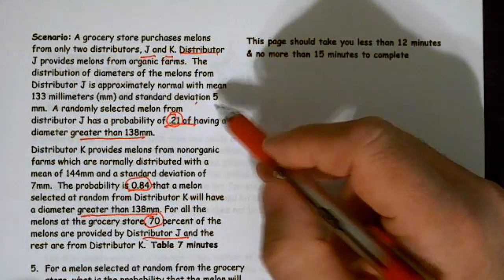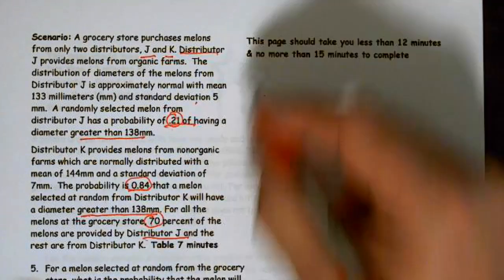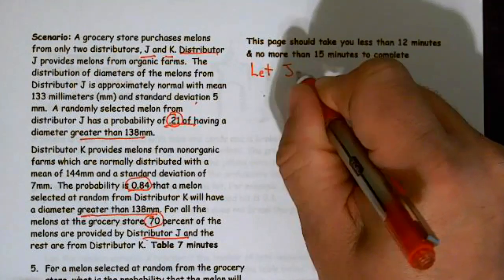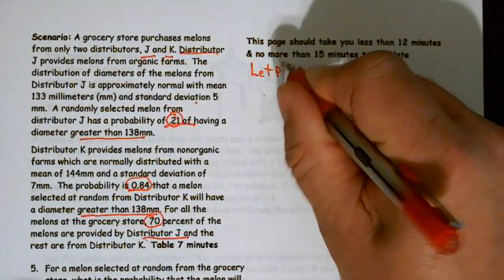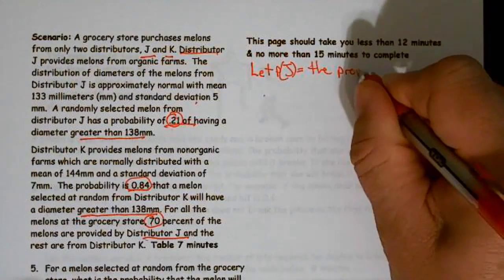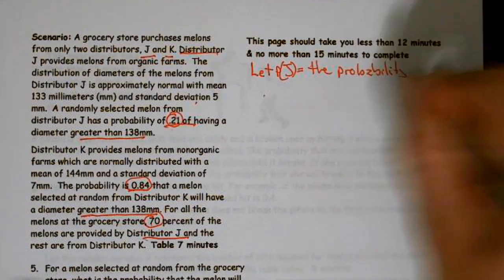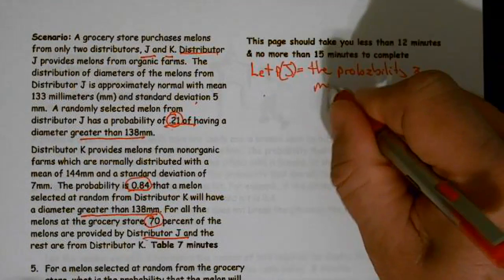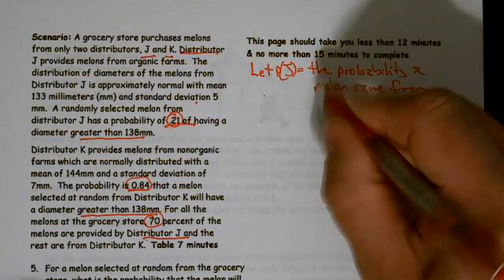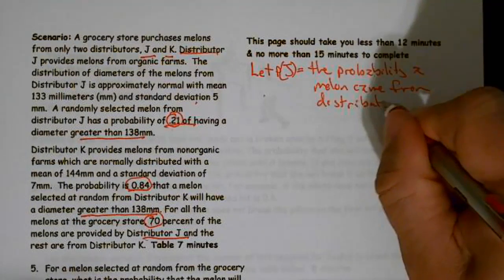So when I look at this problem, I need a table, and I need to define variables. Let PJ equal the probability a melon came from distributor J. By the way, we are going to be looking for this on your test.